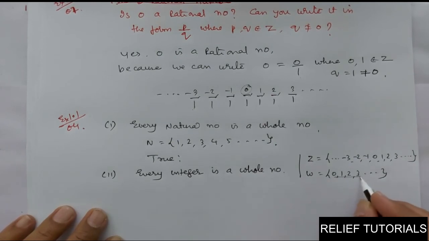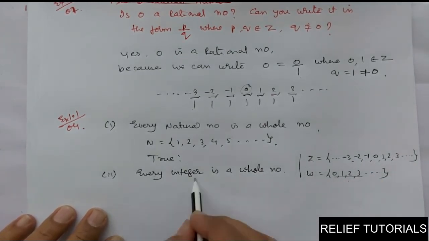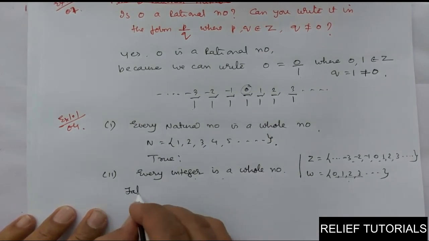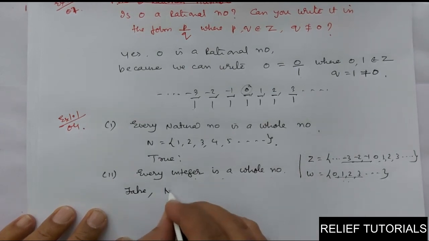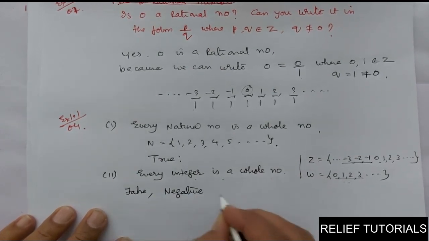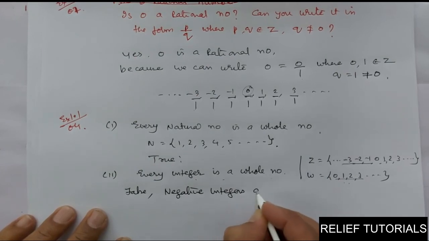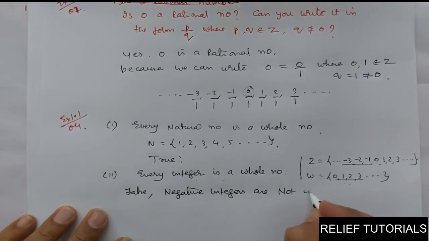So all whole numbers are integers, but all integers are not whole numbers. Here it says every integer is a whole number, so that statement is false. The reason we can say is that negative integers are not whole numbers. Clear?